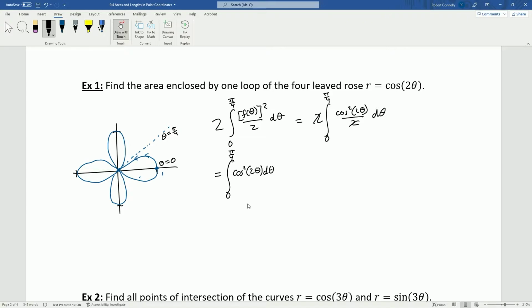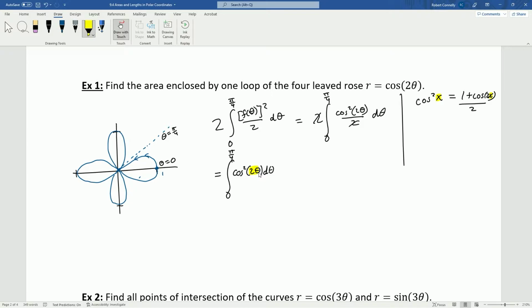So what we have here is a squared cosine function, and if you recall from Calculus 2, in order to deal with something like this, we need to apply the power reduction formula. In general, the power reduction formula looks like cosine squared of x equals 1 plus cosine of 2x over 2. But it's important to keep in mind here that in this case, we have 2 theta instead of x.